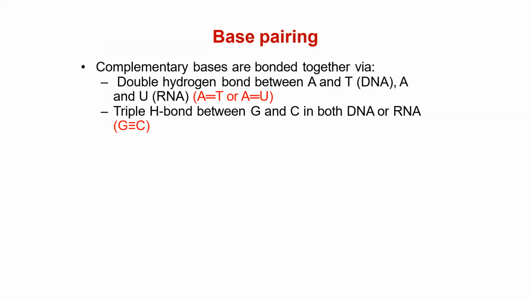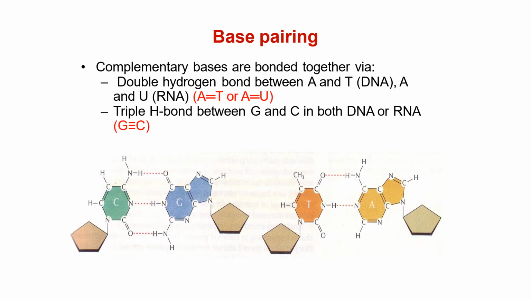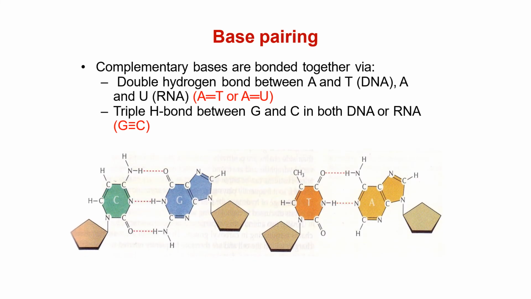So there is base pairing. Complementary bases are always bonded together. There are double hydrogen bonds between adenine and thymine, and between adenine and uracil, and a triple hydrogen bond between guanine and cytosine, in both DNA and RNA. You can see the triple bond here and the double bond here.